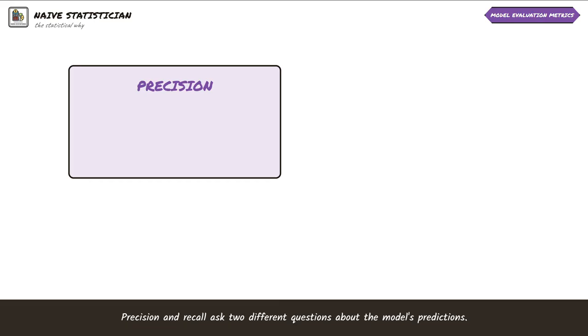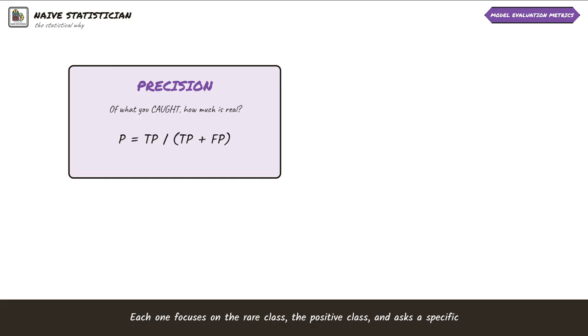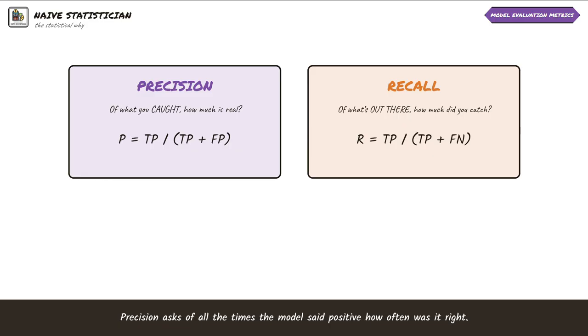Precision and recall ask two different questions about the model's predictions. Each one focuses on the rare class, the positive class, and asks a specific question about it. Precision asks, of all the times the model said positive, how often was it right? In confusion matrix terms, precision equals true positives divided by true positives plus false positives.